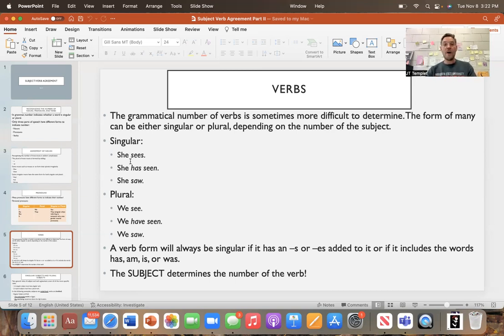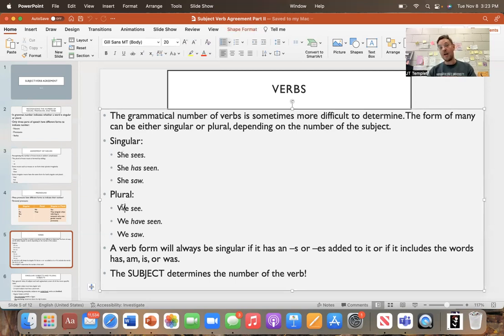But notice the difference between she and we, because we is plural and she is singular. It becomes we see, right? We don't say we sees, it's we see the kitten across the street. Notice it's the opposite often of nouns, where nouns get s added when they are plural, like cats.